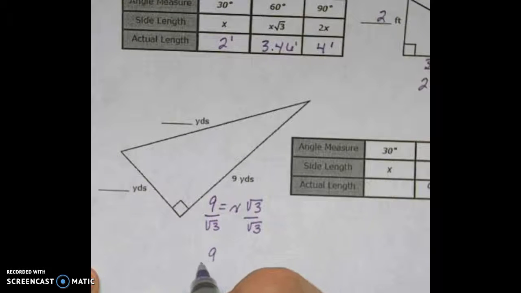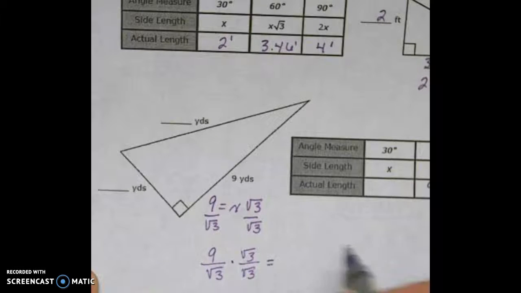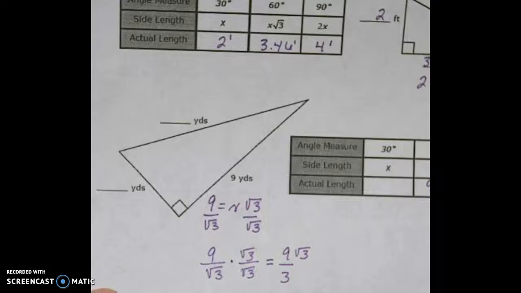If I have 9 divided by the square root of 3, I need to multiply by square root 3 over square root 3 to eliminate that radical sign in my denominator. When I multiply my numerator, I get 9 square root 3, and when I multiply square root 3 times square root 3 for my denominator, I get the whole number 3. And the number 9 over 3 does reduce.